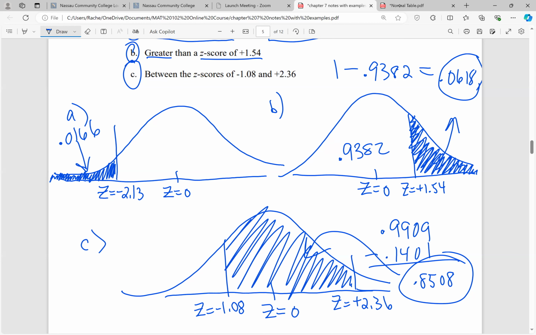So going forward now, I'm going to show you guys how to use the calculator to find these areas under the curve. But if you prefer to use the normal table, then do so. So in the next video, I'm going to show you guys how to start using the calculator to find these areas under the curve, and then we'll do some application questions.